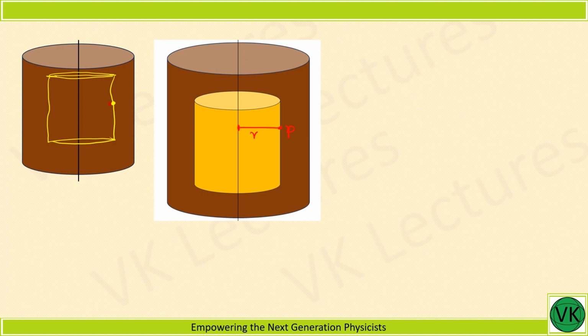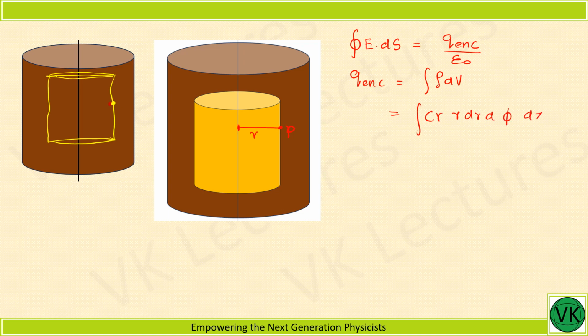Now for that we will start with the integral E dot ds equal to Q enclosed by epsilon naught. Now Q enclosed will be the integral of rho dv. Since we are finding it inside, the integral of C r dr d phi dz, and the limits are from 0 to small r.